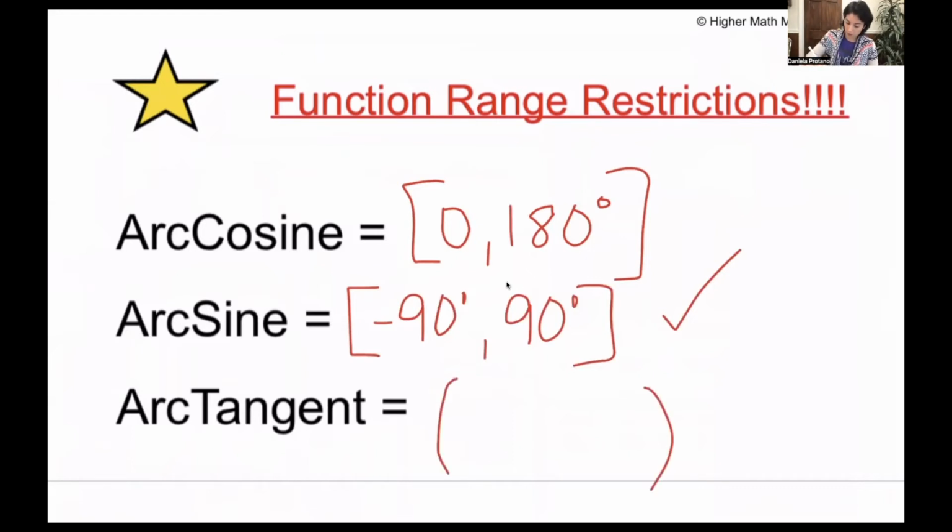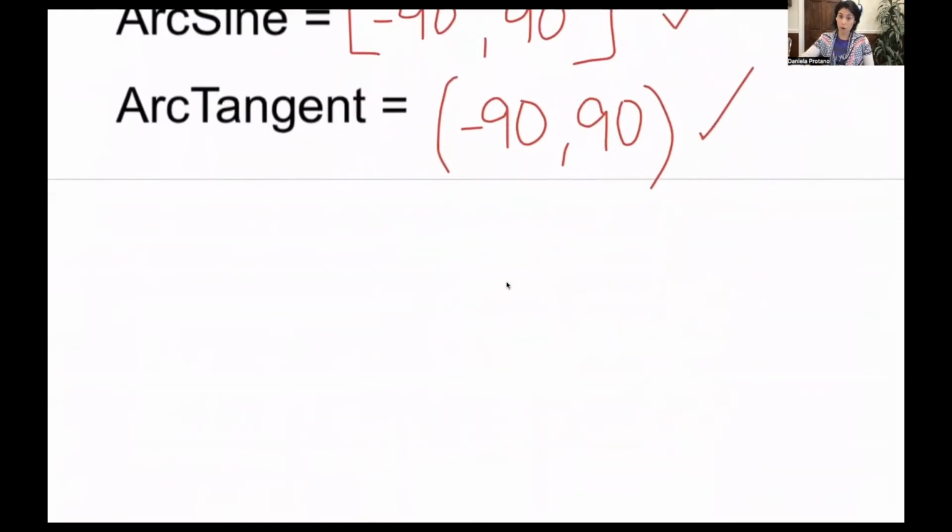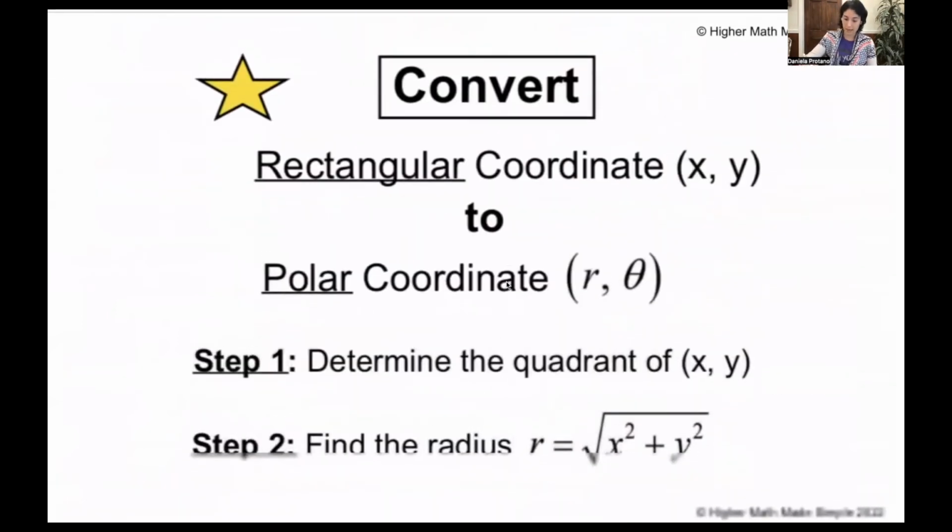Arctangent is very similar to the arc sine, but I'll put parentheses because you can't include those endpoints, since it would be undefined there. Anyway, this was just a side note. That is why the arc sine and arctangent gave us the correct answer for this quadrant 4 rectangular coordinate.